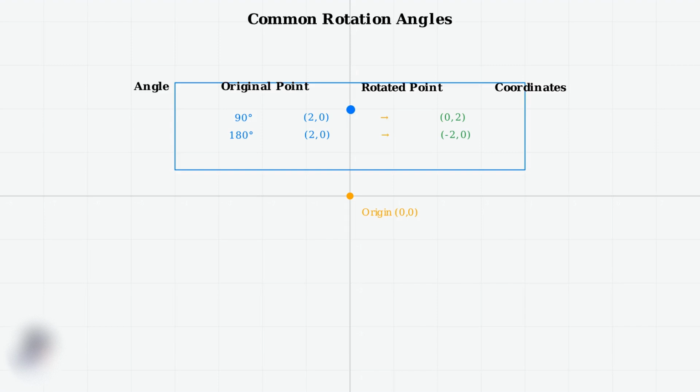For a 180-degree rotation, the point moves to (-2, 0). Both coordinates change sign. This is like reflecting through the origin. For a 270-degree rotation, which is the same as -90 degrees, our point ends up at (0, -2). This completes 3/4 of a full rotation around the origin.